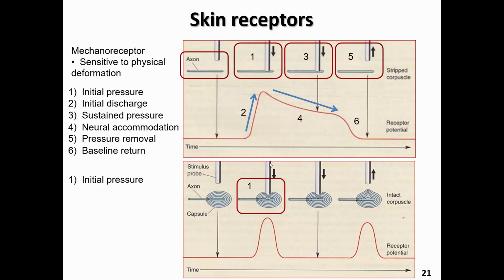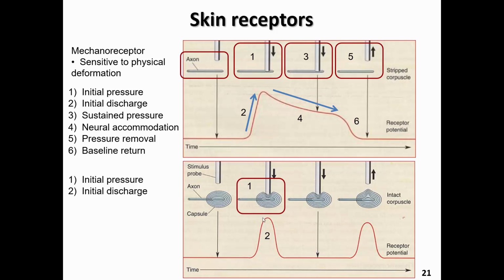But when the external probe makes contact, you can see that the concentric rings will deform, will bend in, as well as the axon. So that mechanical pressure gets transmitted through the concentric rings, where the closest layer of connective tissue will apply pressure against the axon. And we see the initial discharge.